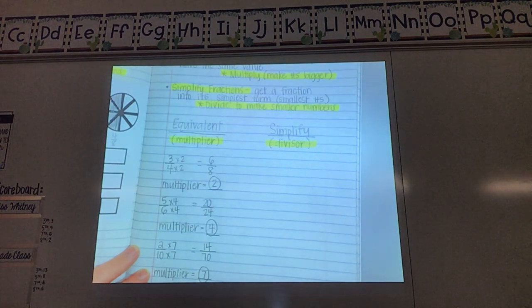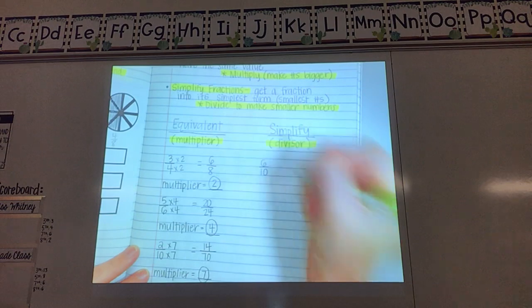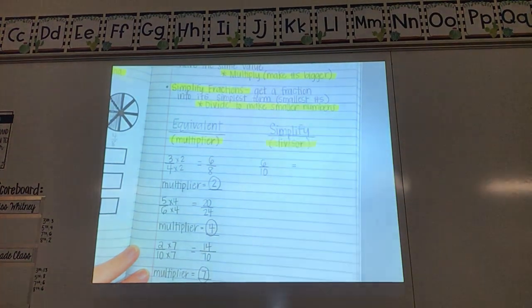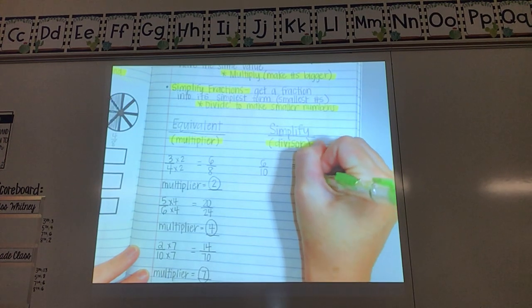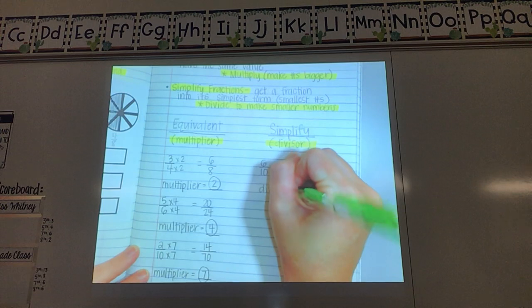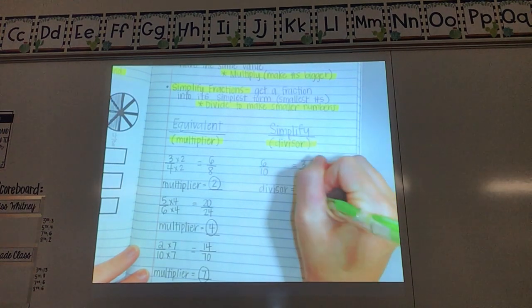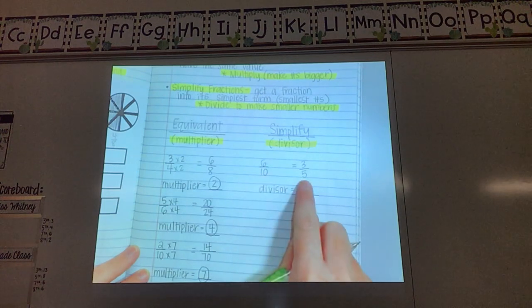Let's see if we can simplify a couple of these. If I give you the fraction 6/10, and I want to simplify that so that it is 3/5, what is my divisor? So you're thinking, what would I have to divide 10 by to make it a 5?